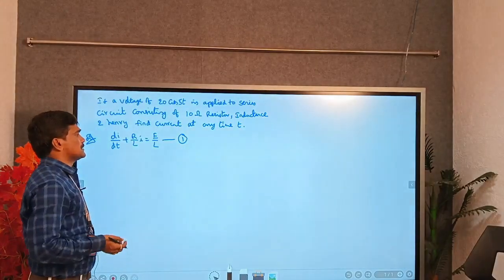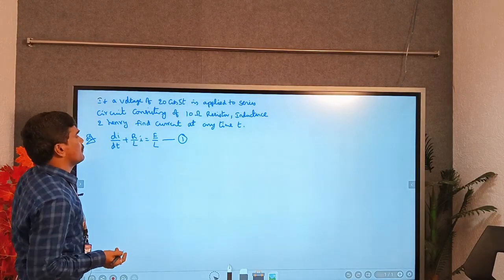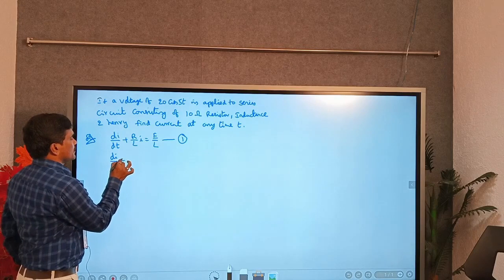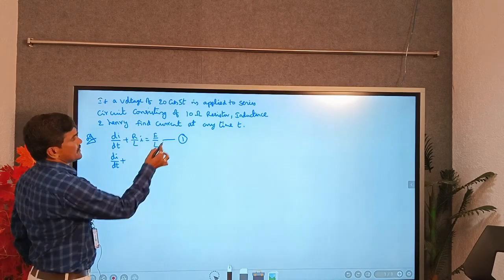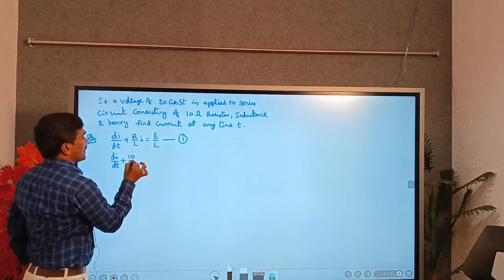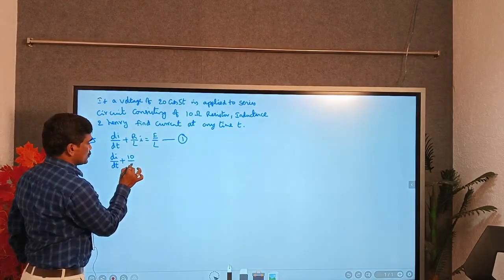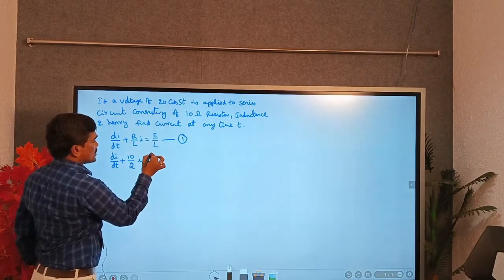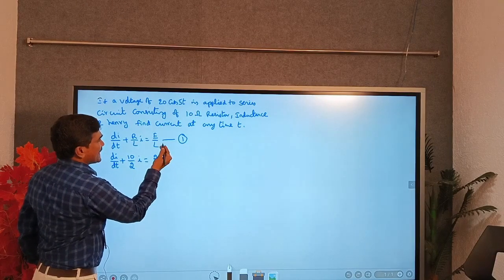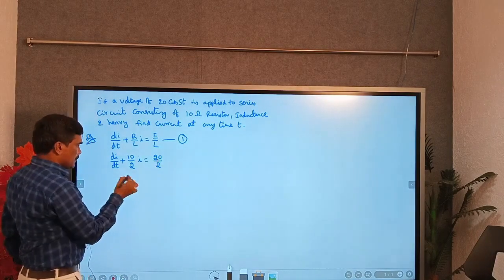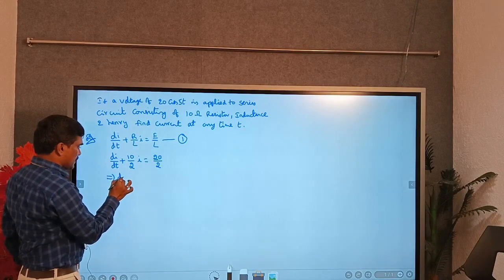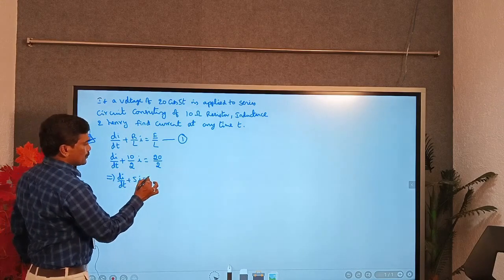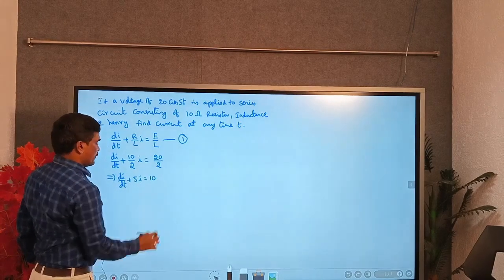Now substitute resistance 10, inductance 2 Henry, and voltage 20 by L, which is 2. Simplifying, we get di/dt plus 5I equals 10.